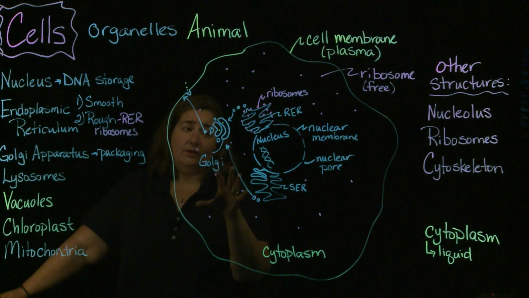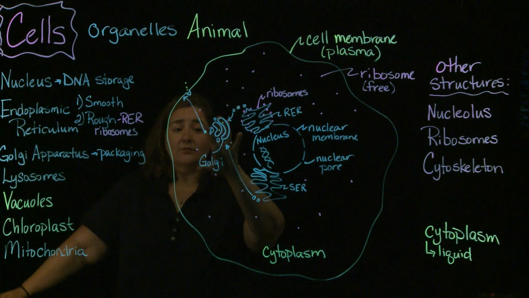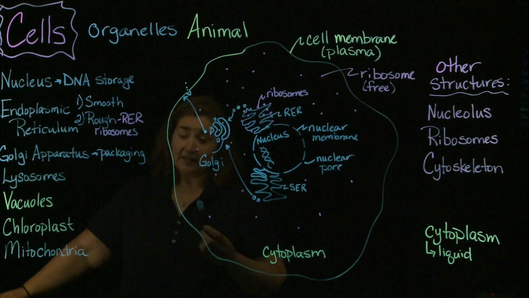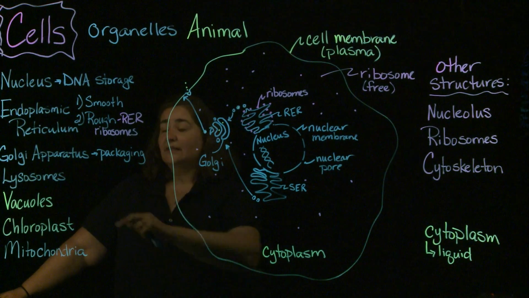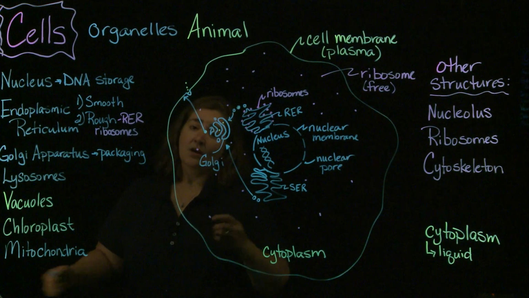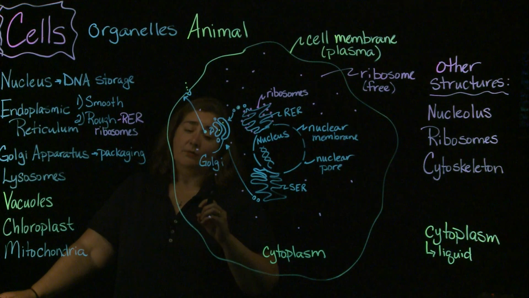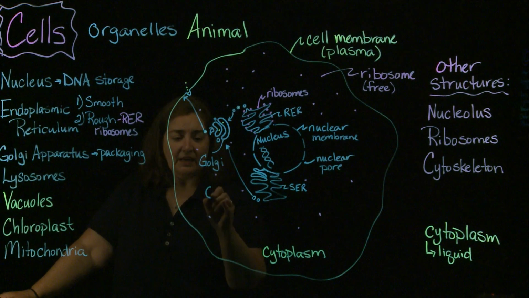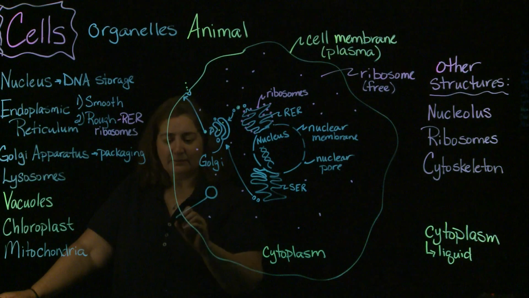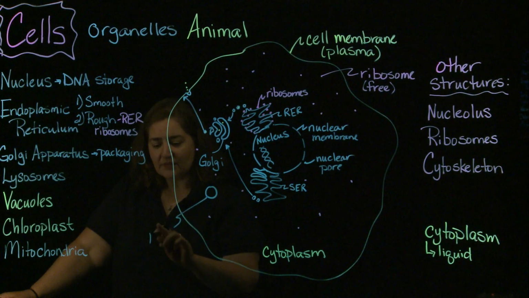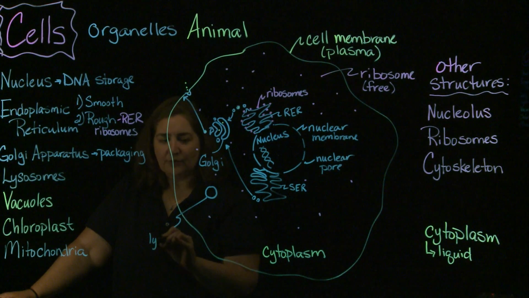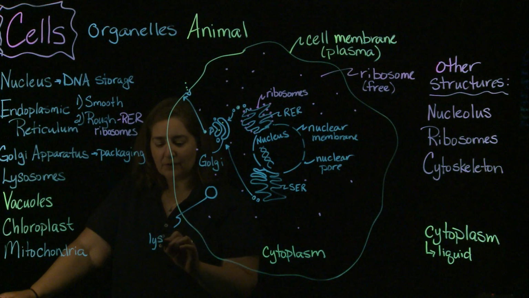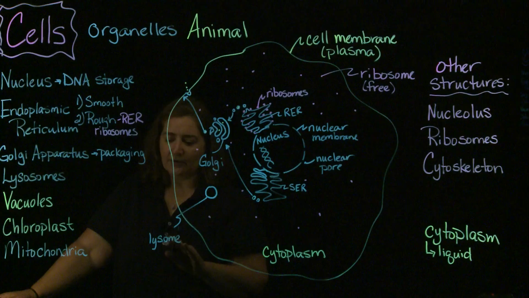So the endoplasmic reticulum, the Golgi apparatus, and the last one I'll talk about, the lysosomes, are all part of the endomembrane system. And I'm going to draw this one kind of big. Relatively speaking, structurally it wouldn't necessarily be this big within a cell.